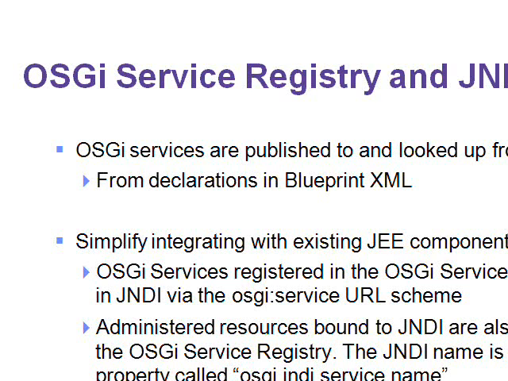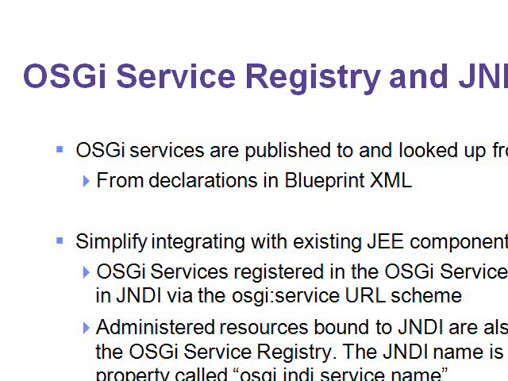If you want to use artifacts registered in JNDI from the OSGi service registry, you have a way to do that using the URL scheme mentioned there. And if you want to use OSGi registered services in JNDI, you have a way to do that too, using the URL scheme.